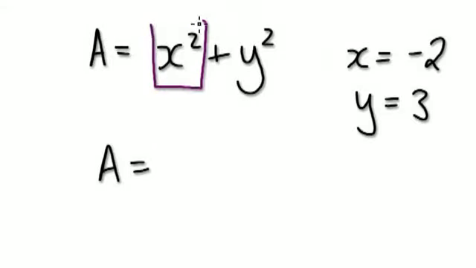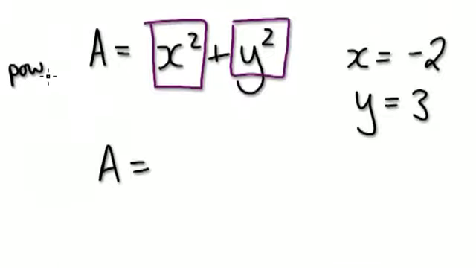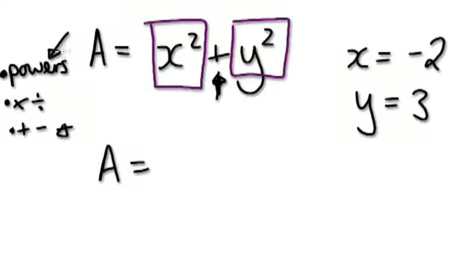The instructions are saying square x and then square y, because remember, powers are more important than adding. Remember, power first, and then multiplication and division, and then adding and taking away. So you can see adding is not that important. You've got to do powers first. So here you would have to do the power first.